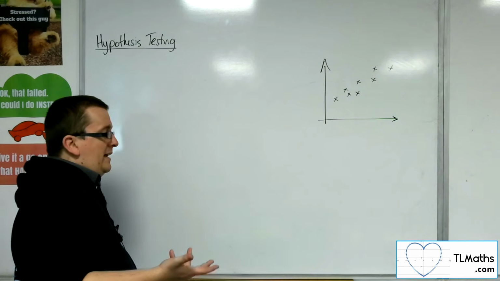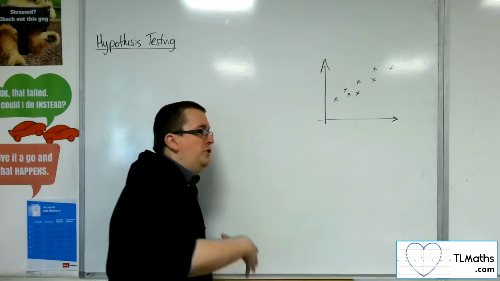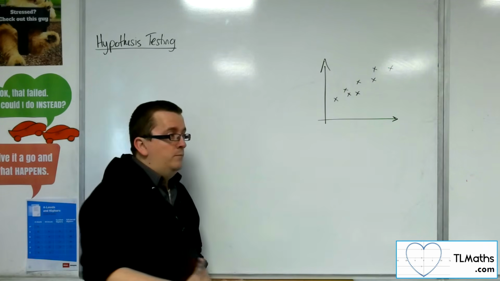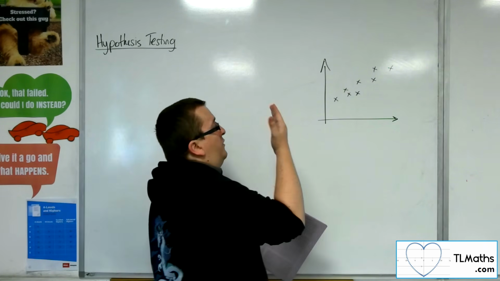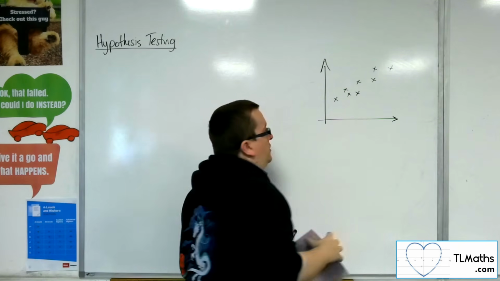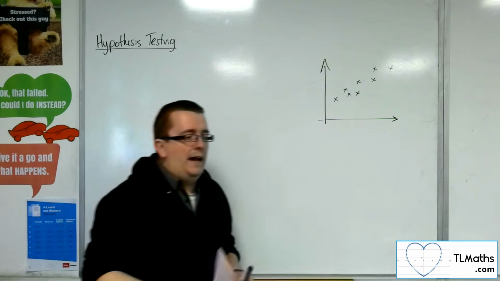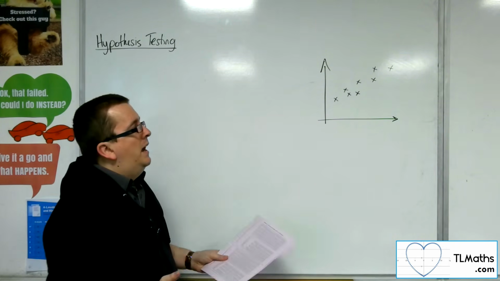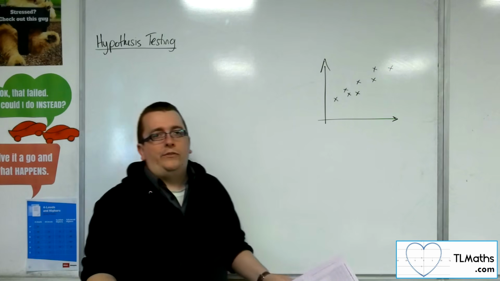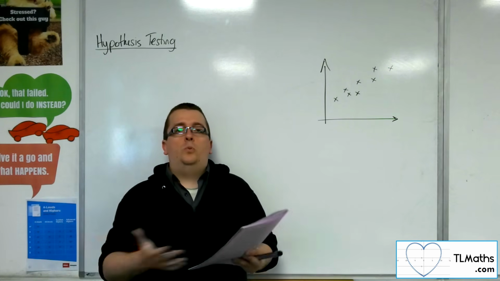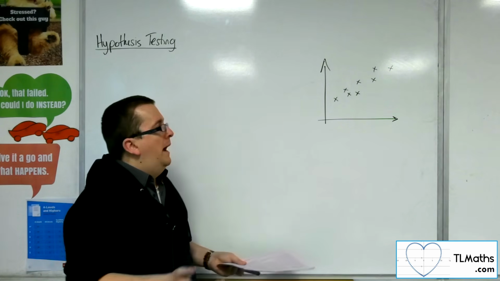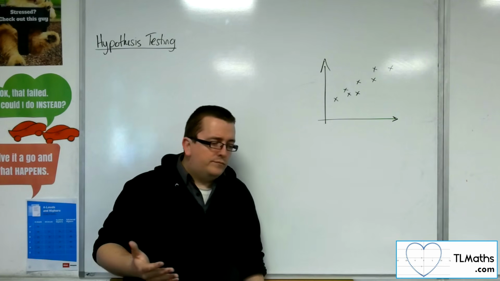Now, let's say that you've got your bivariate data, which just means two variable data, and you've plotted it on a scatter graph. Let's say these might be the heights and weights of 12-year-olds, and you've plotted your data.